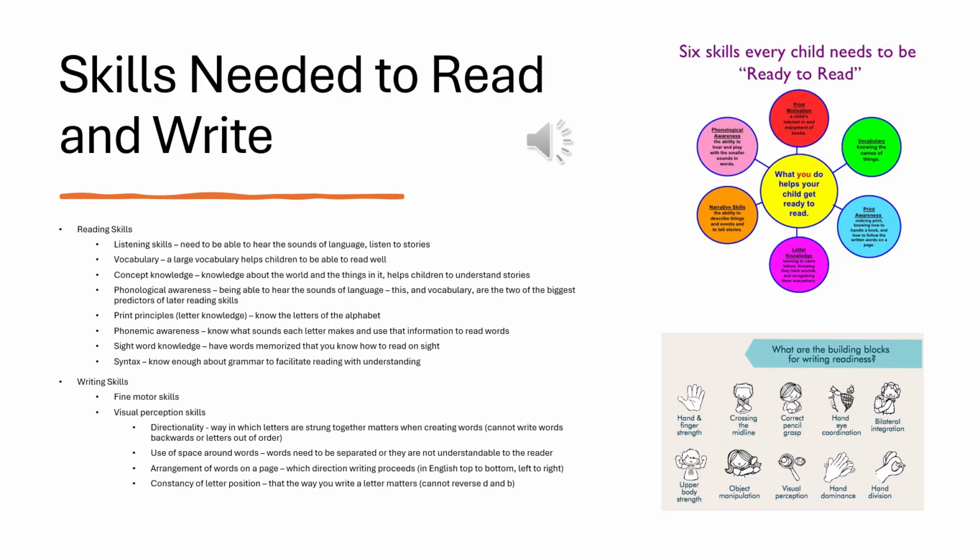So that's called concept knowledge. Children need to be able to hear the sounds of language, as we talked about before, but this is specific not to just hear things in the world, but also to hear those distinct sounds that letters make. So to understand that, to be able to hear the k sound and the s, the o sound.